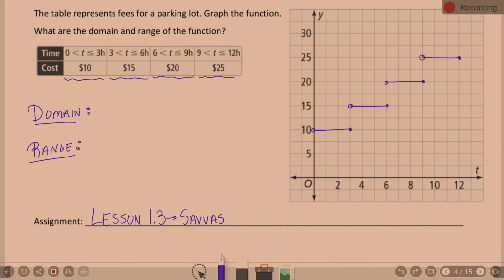Oh, never mind. Okay, so 0 to 12. Do we end up using every single number along the way? Yes. 0 to 3, we're right here. What happens at 3? It jumps up and keeps going, doesn't it? 3 to 6, 6 to 9, 9 to 12. Goes the whole way.